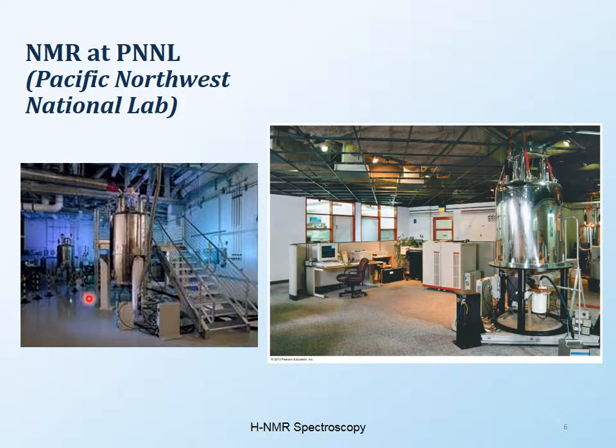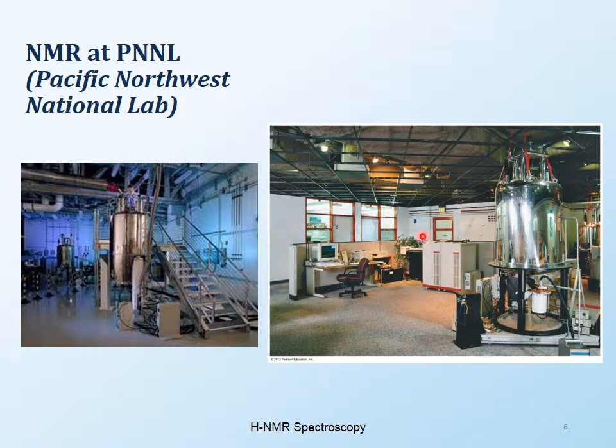So the instrument here on the left hand side in the national lab is probably an 800 or a 1000 megahertz instrument. You need a huge magnet also in order for the sample to be able to show that flip that's going on with that radio frequency.